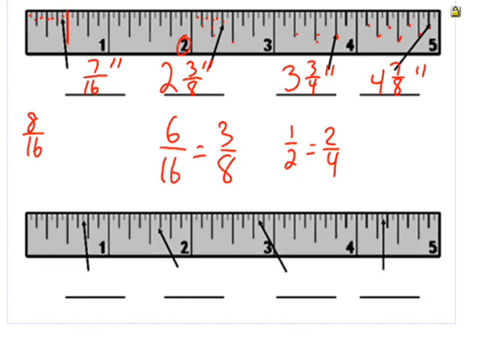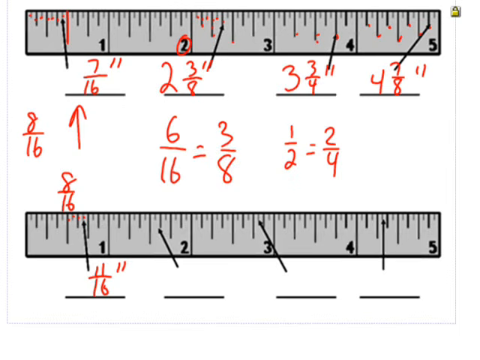All right, here's a few more examples. Now in this one, it's pointing at the smallest line. I know that's a 16th. Let's use that same trick that we used up here. You know that 1/2 is 8/16. So if I started here and I said that's 8/16, 9, 10, 11/16. That's 11/16 of an inch.